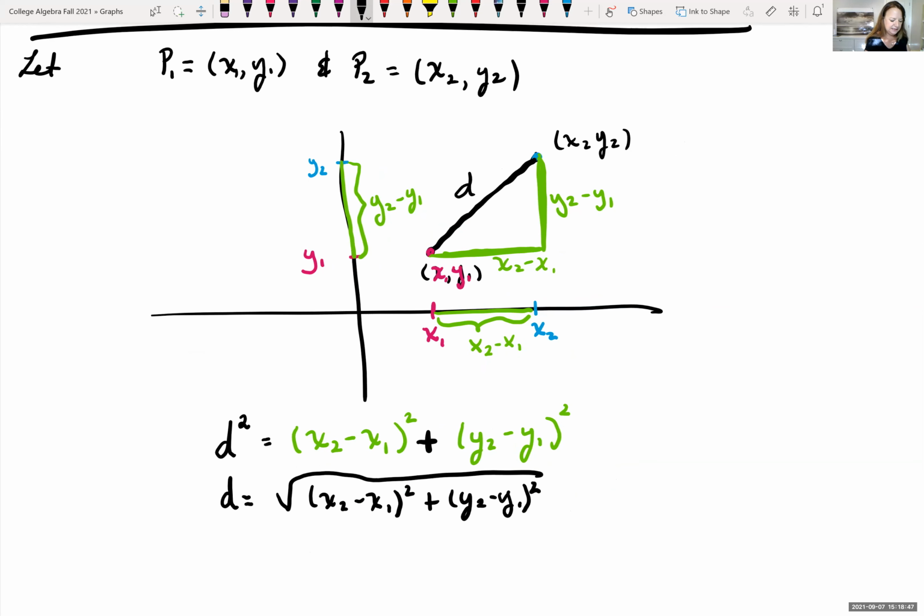So this is the distance between the 2 points, and that's our distance formula.